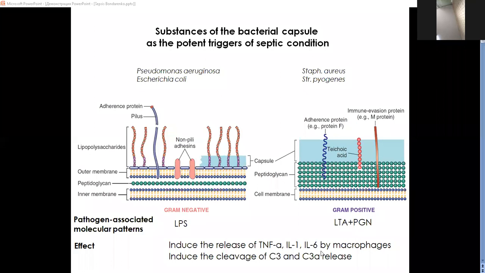So you already know that from the inflammation topic. What is the difference in sepsis? As I already told you, sepsis and septic conditions are strictly associated with inflammation, but in this case we deal with a systemic effect: systemic release of interleukins 6 and 1, TNF alpha, and activated complement.